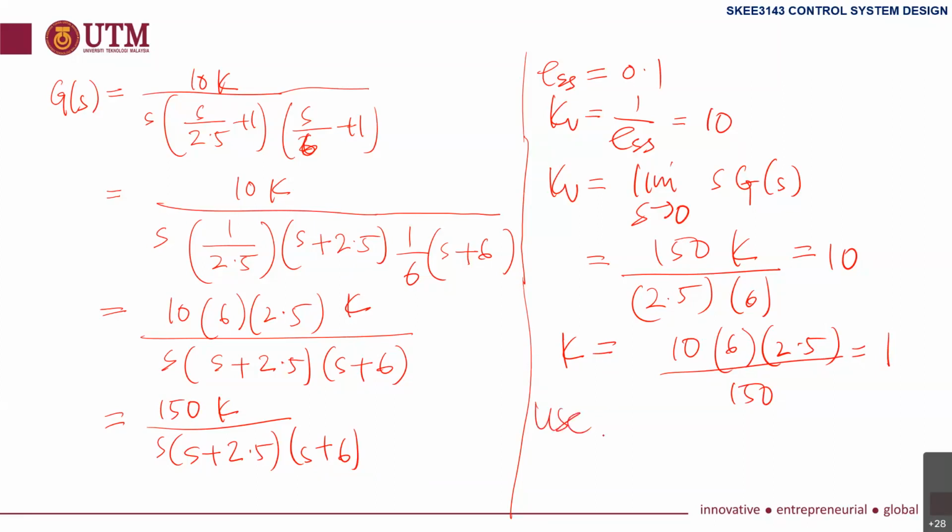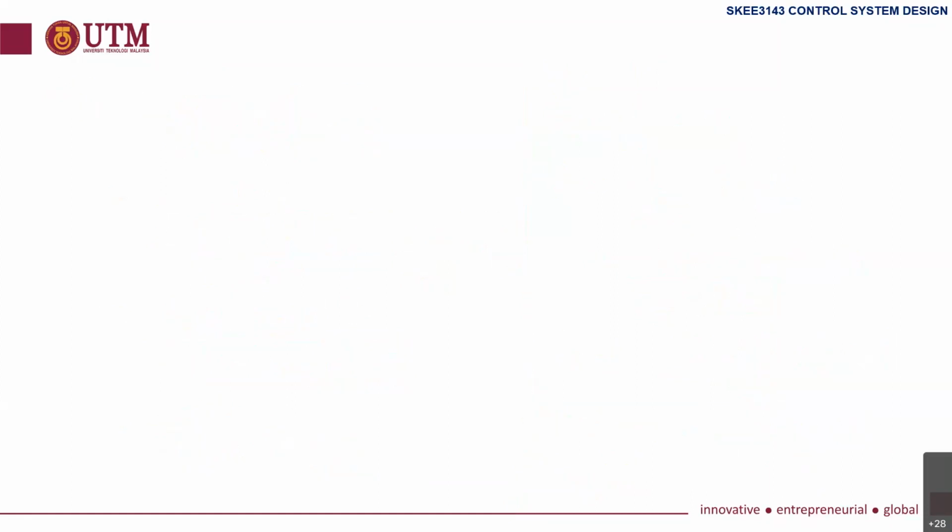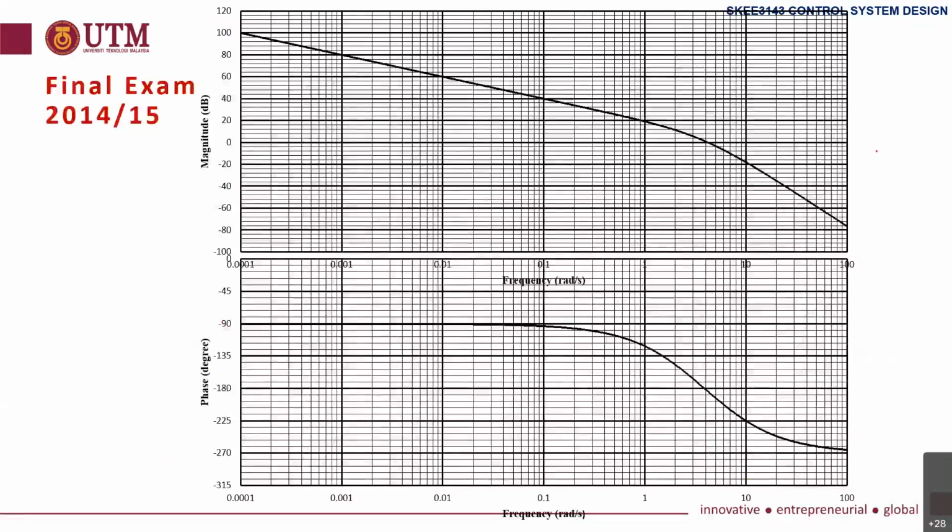Use K equal to 1 to have the original Bode plot. And here it is actually already given with K equal to 1. Okay, so this is the Bode plot.